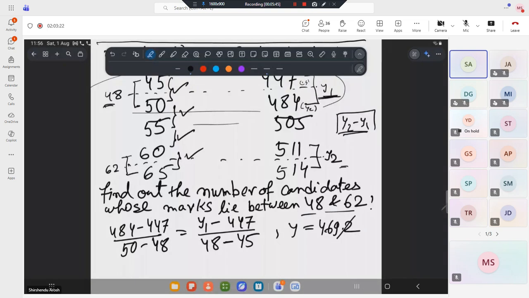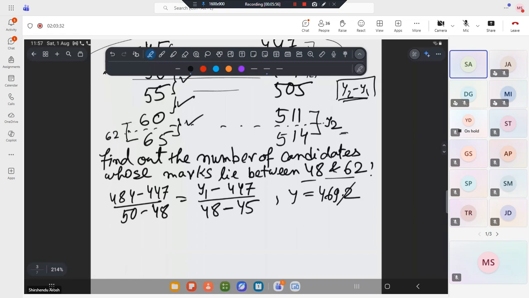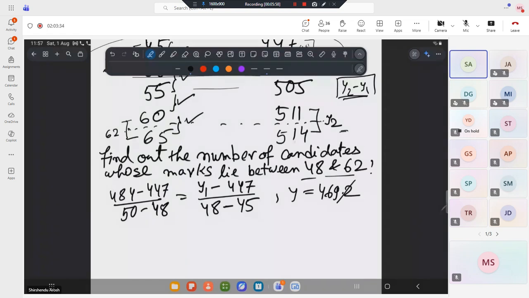Similarly, the same case happens again between 60 and 65. Again you have the piecewise linear, so I'll use the same process. This time 514 would be my new y2, 511 is the y1, corresponding x2 is 65 and corresponding x1 is 60.